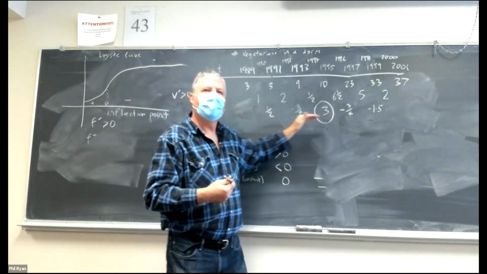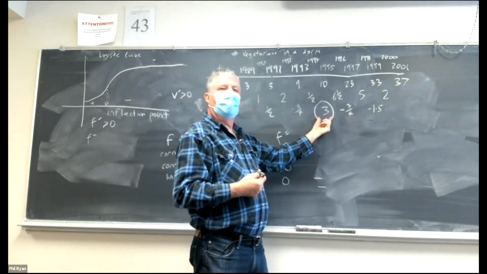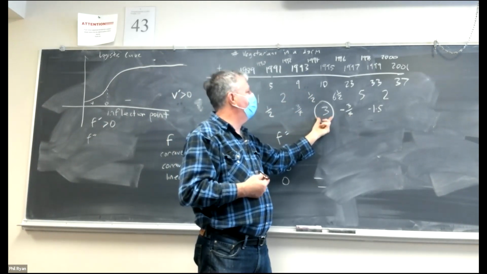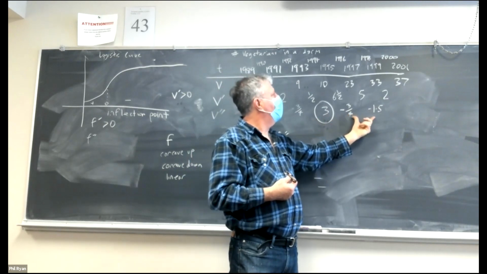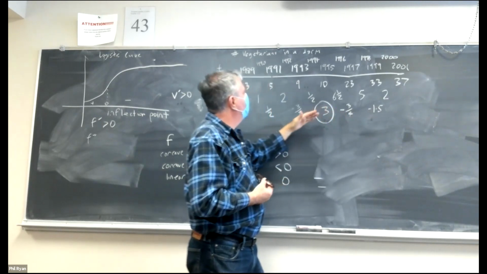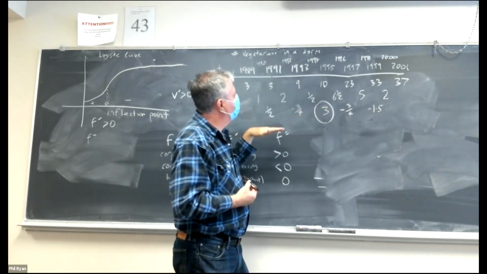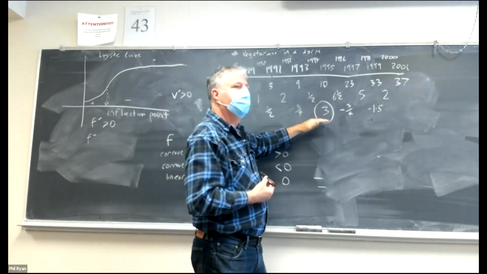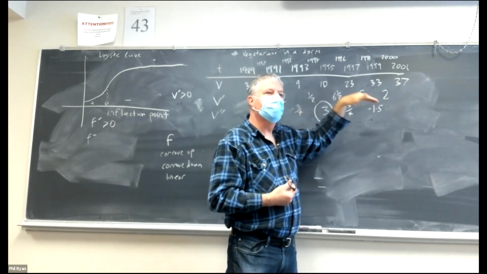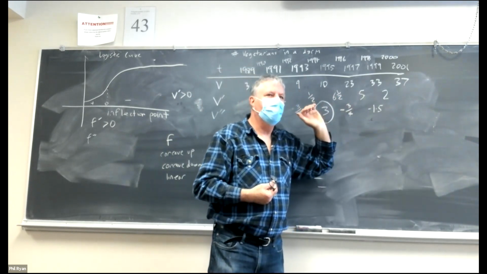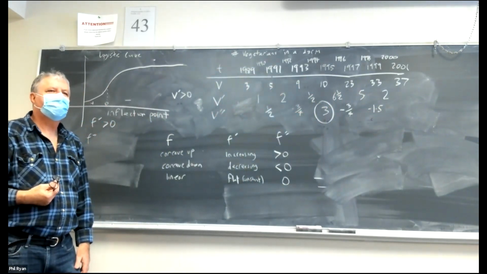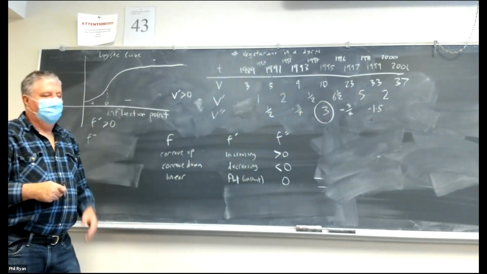It's hard to get a clear signal, but this is a nice clear signal here. It means something happened here. Around 1995 we had a big surge, and afterwards that slowed down. That's how you would describe it.